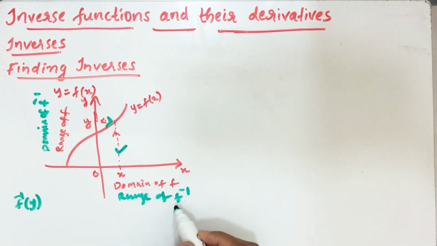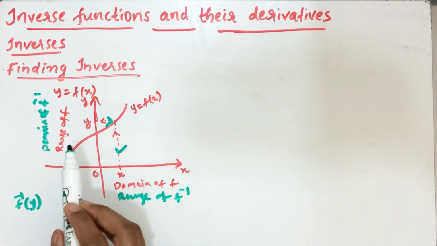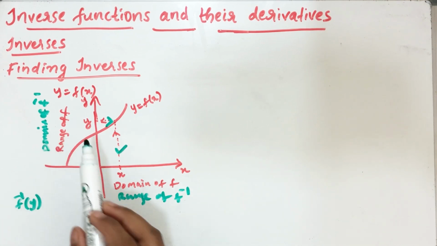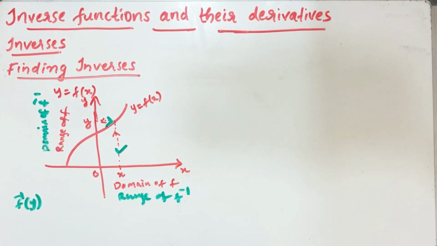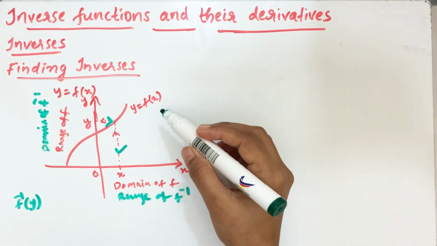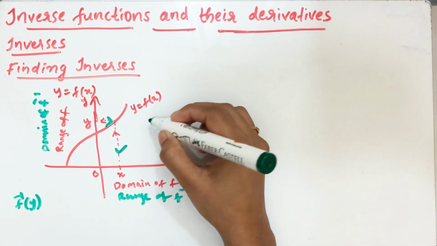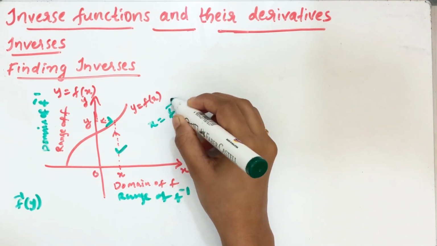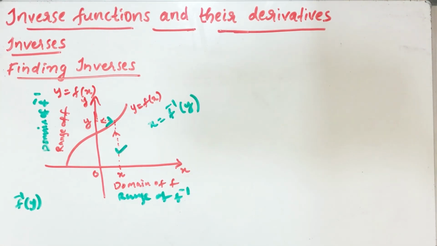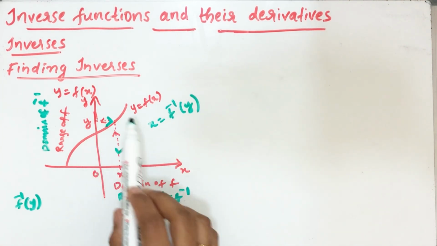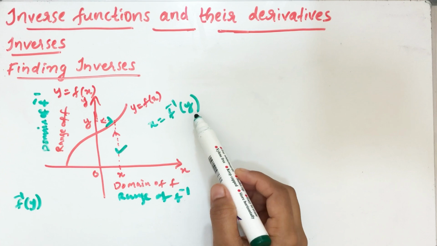The domain of f is the range of f inverse and the range of f is the domain of f inverse. So we can say the graph of f can also serve as the graph of f inverse. So this is the graph of y equal to f of x and also x is equal to f inverse of y. Here we are reading the graph in the reverse process, x is equal to f inverse of y.